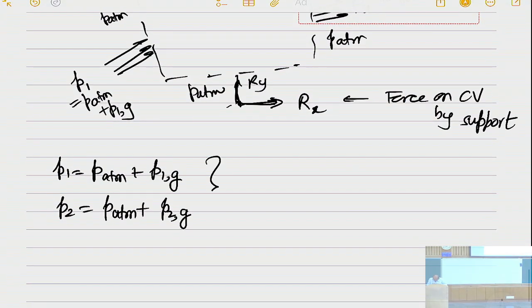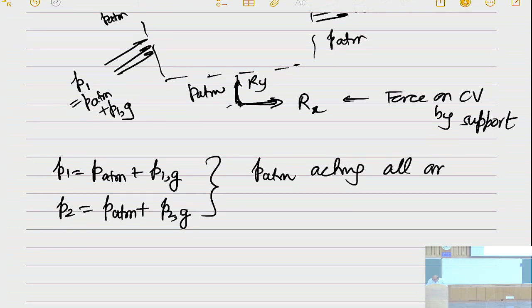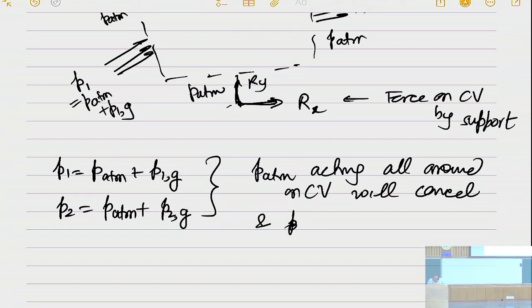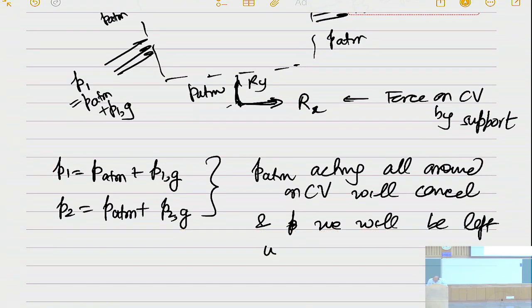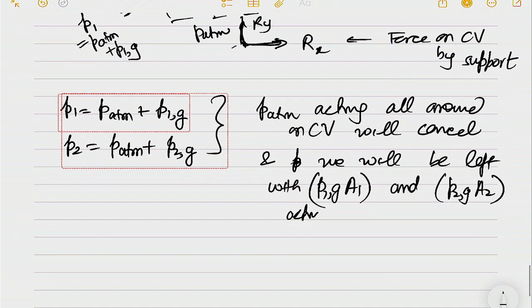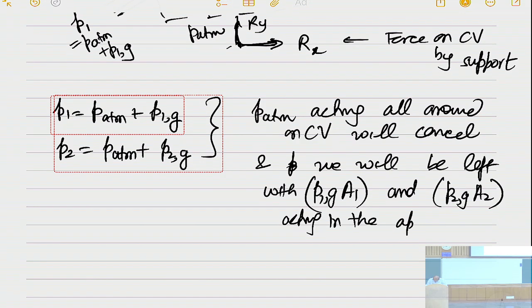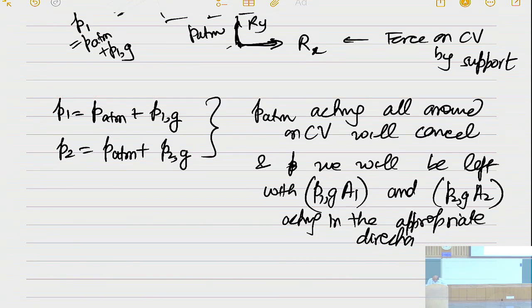So now P atmosphere acting all around on the control volume will cancel, and we will be left with P1 gauge A1 and P2 gauge A2 acting in the appropriate directions.